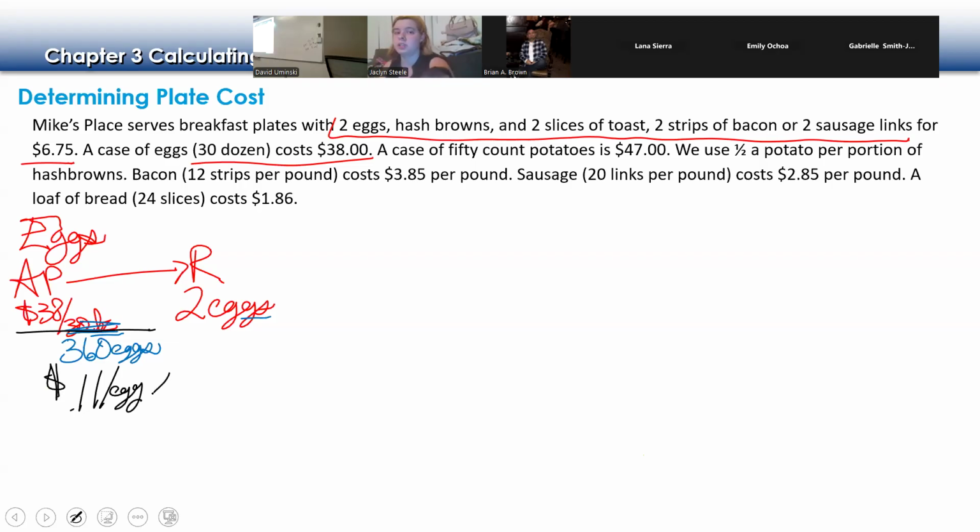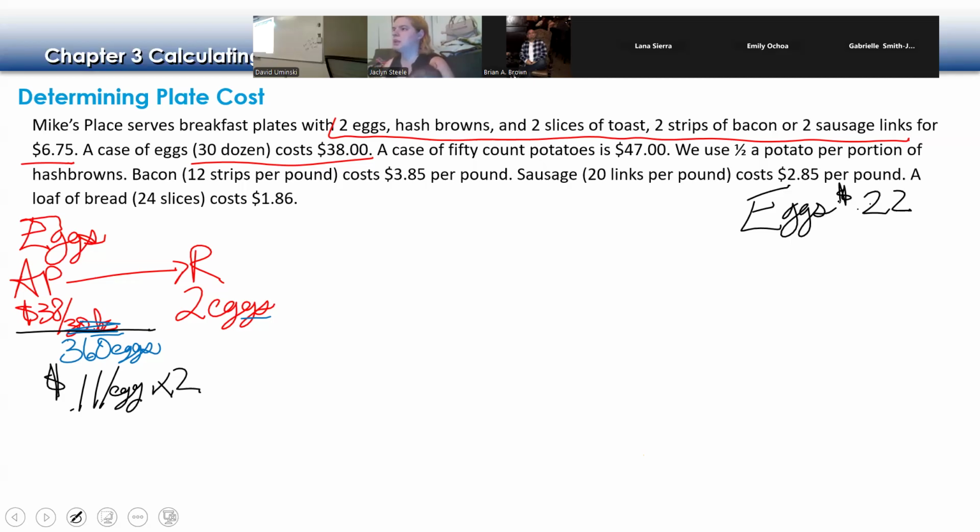I multiply that by my 2, and eggs are 22 cents. We see how that works? These 2 eggs cost me 22 cents. Questions, comments, concerns about eggs?